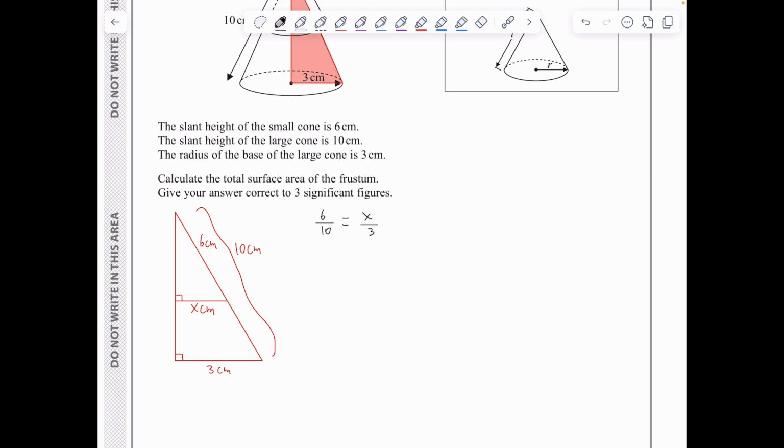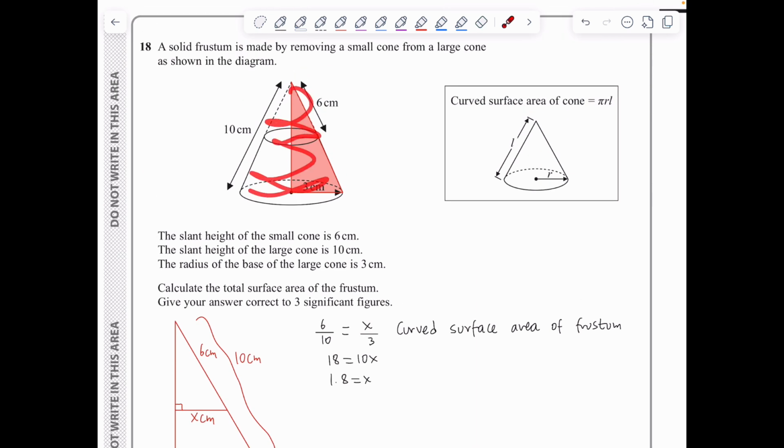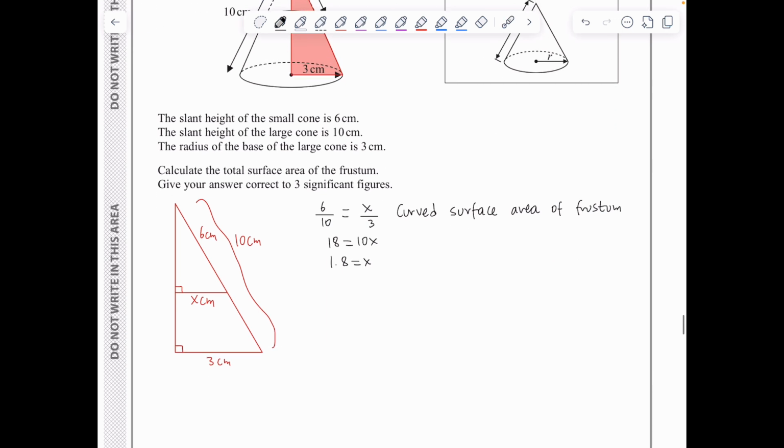I will cross multiply to get 18 is equal to 10x, and therefore x is 1.8, and therefore I can proceed with the curved surface area of the frustum, which is given by the curved surface area of the big cone minus the curved surface area of the small cone. So we are looking at pi times 3 times 10 minus pi times 1.8 times 6, which gives an answer of 96 pi over 5.